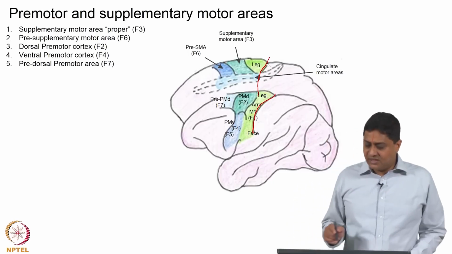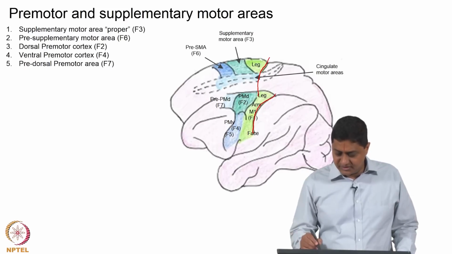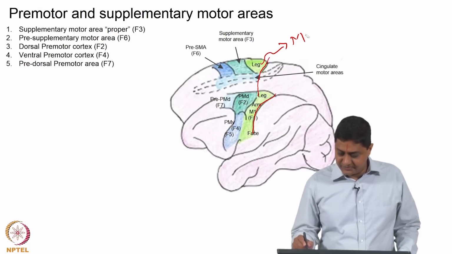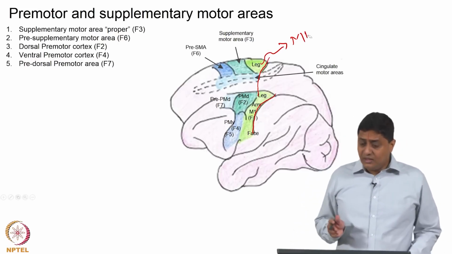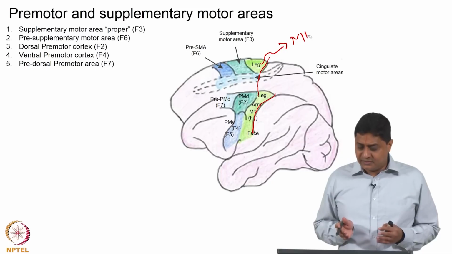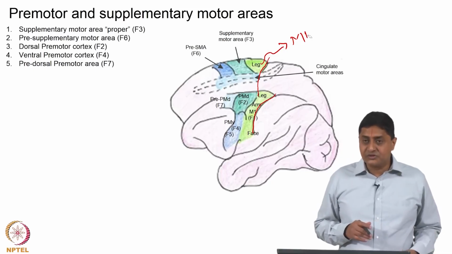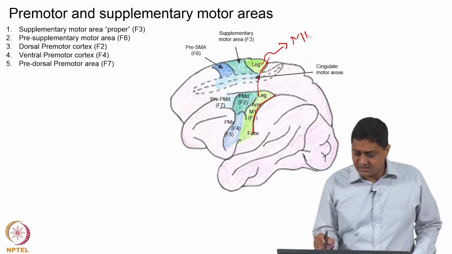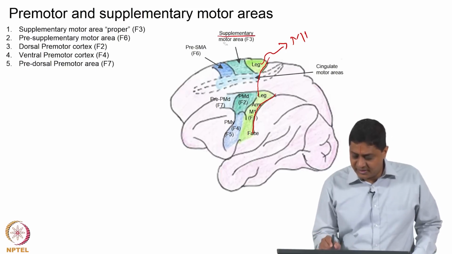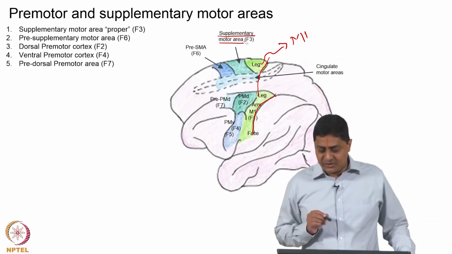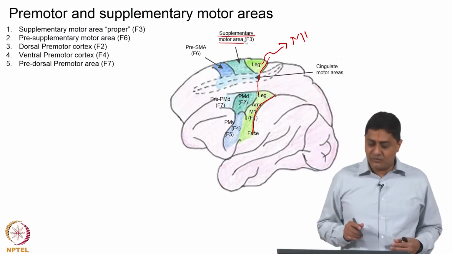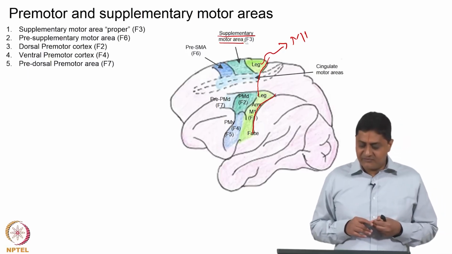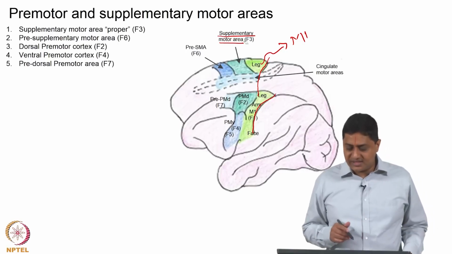The area that is rostral to the central sulcus, shown in green here, is the primary motor cortex. The area immediately rostral to the primary motor cortex is now classified as the supplementary motor area, right. The original supplementary motor area first proposed by Clinton Woolsey has been divided into two areas.